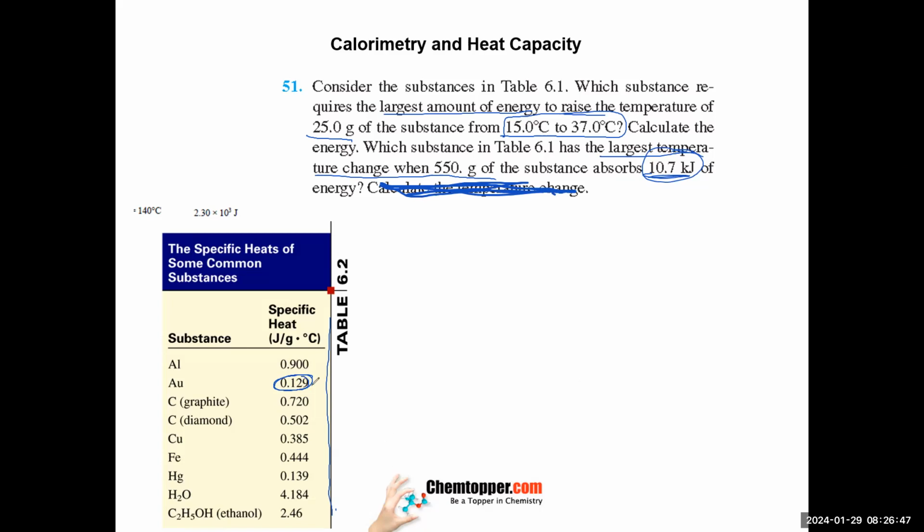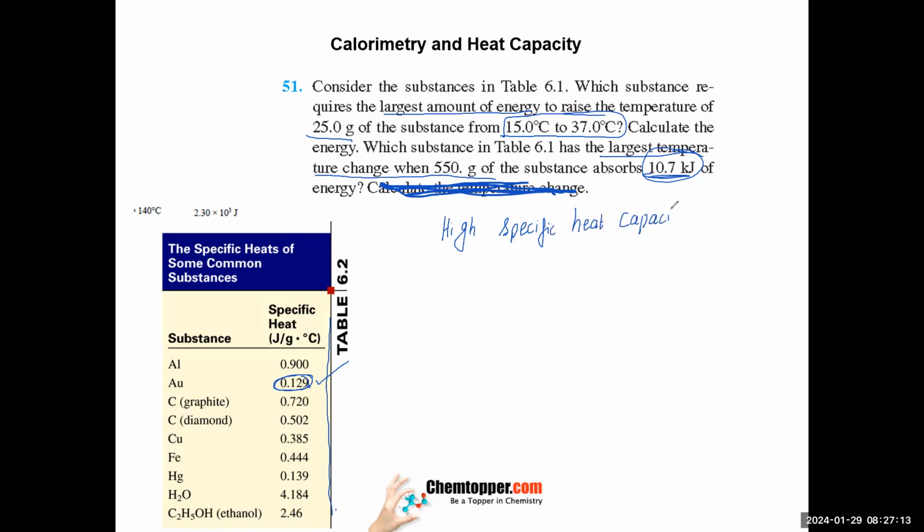Okay, so because gold has the lowest specific heat capacity, it's going to gain more heat. It's going to show you more rise in temperature. So let's write down this line. High specific heat capacity. Then these questions will become very simple.